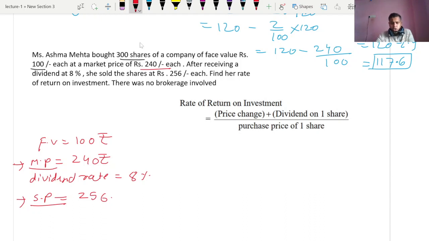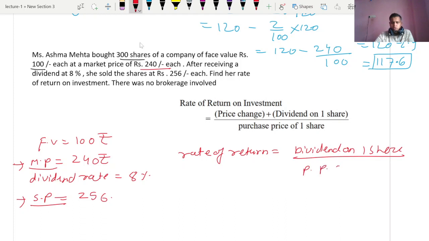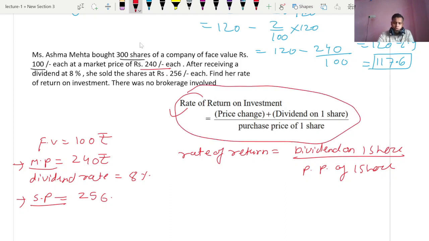There are two formula. Rate of return is equal to dividend on one share divided by purchase price of one share. And this is the second formula. When we have to use this formula, when in the same question we are buying the shares, we are getting the dividend and we are selling the shares.